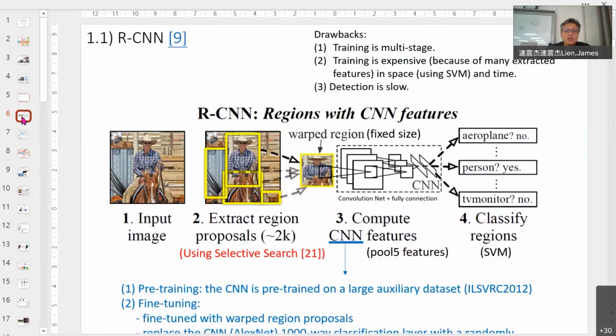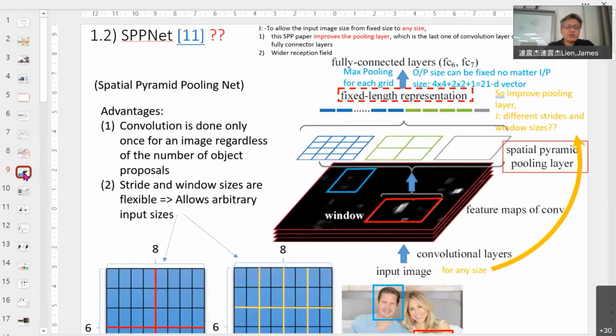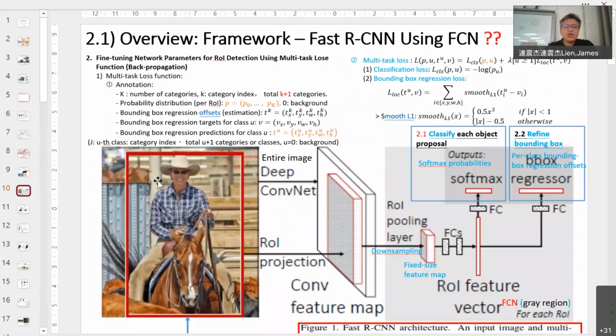Here, RCNN only uses a traditional CNN, so your input should already have the object detected. For the first one, you can input the entire image, the raw data, because I want to do detection and recognition.